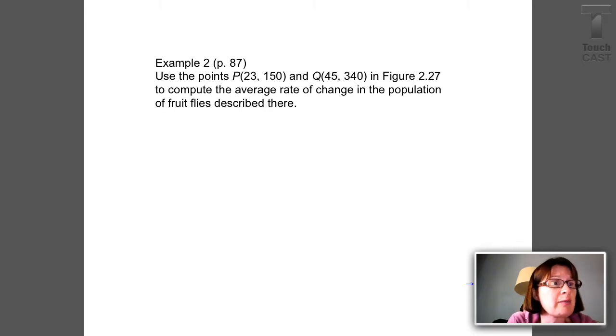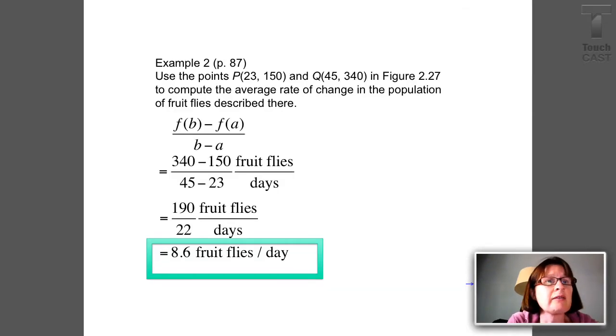So we're going to use the same expression, f of b minus f of a over b minus a. Here we don't have a function f. We've already been given the ordered pairs. So change in y over change in x, I'm going to have 340 take away 150. What are the units on both of those values? They're fruit flies. So whenever possible, keep the units with your values when you find average rate of change.